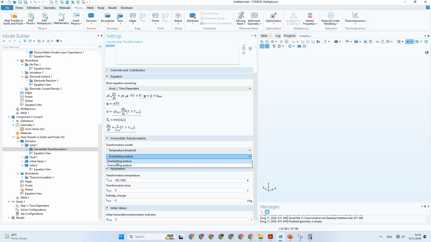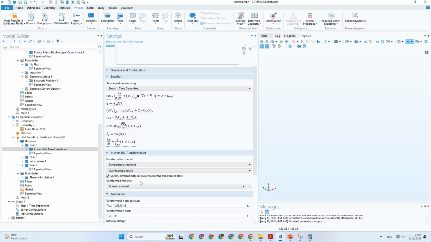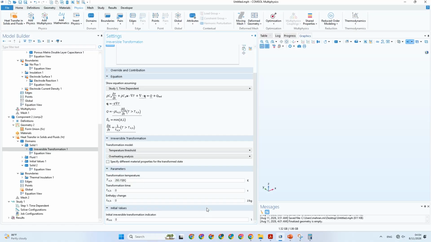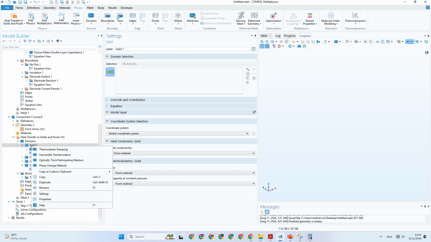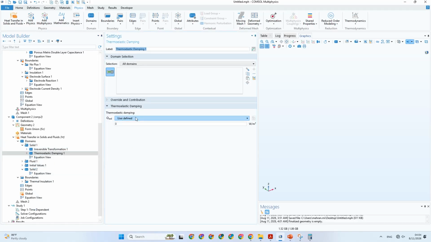And here we can add overheating, overcooling analysis, or a specify material domain for that, or thermoelastic damping, QT. I see that.